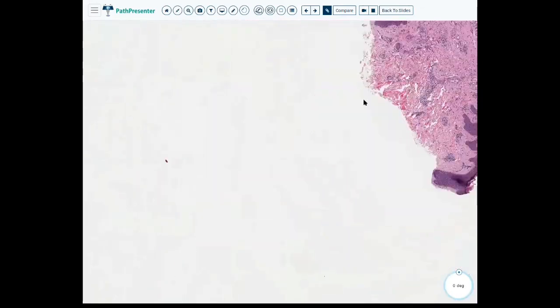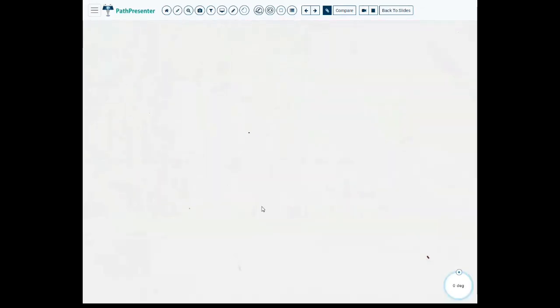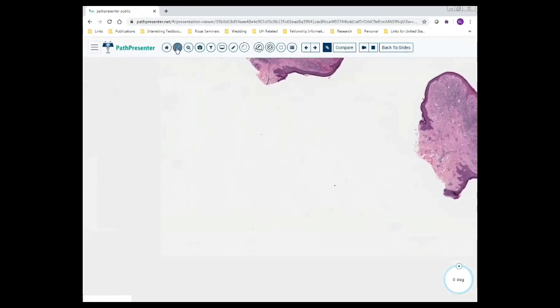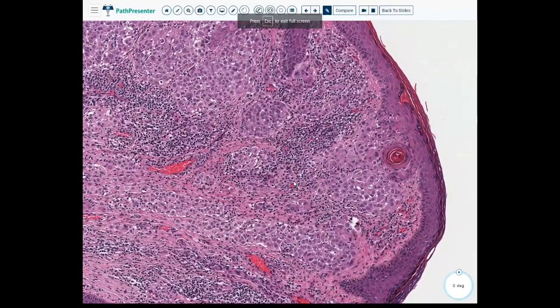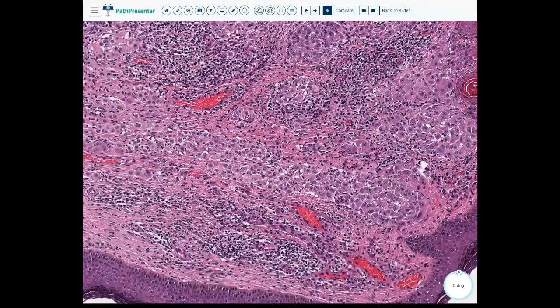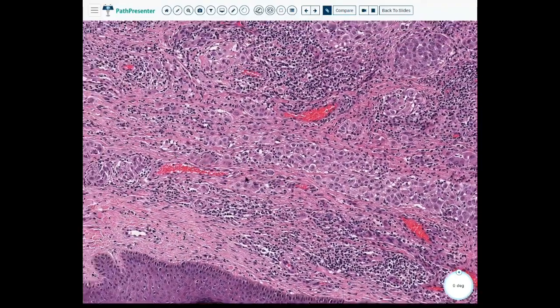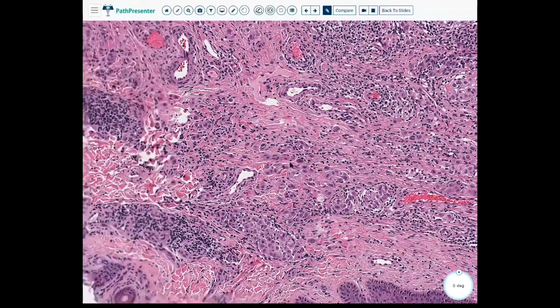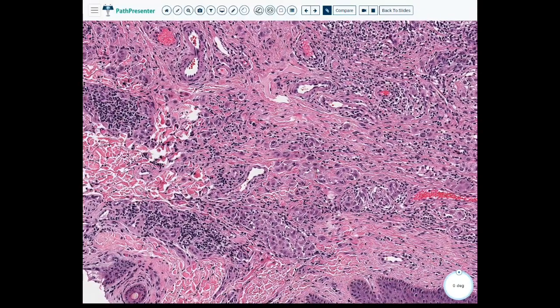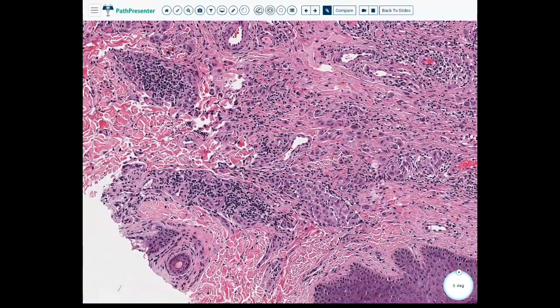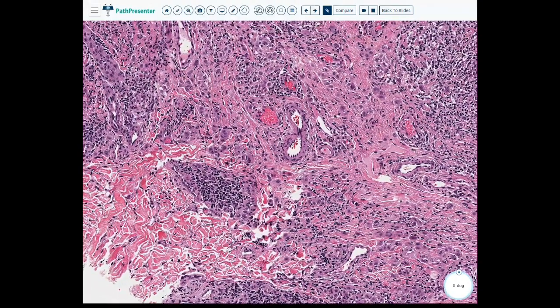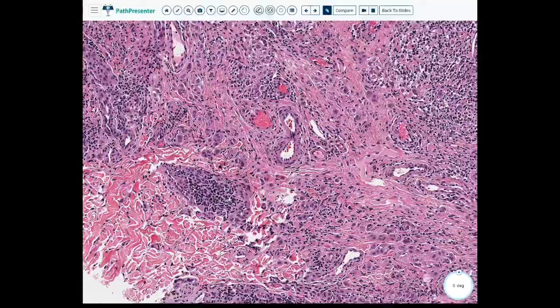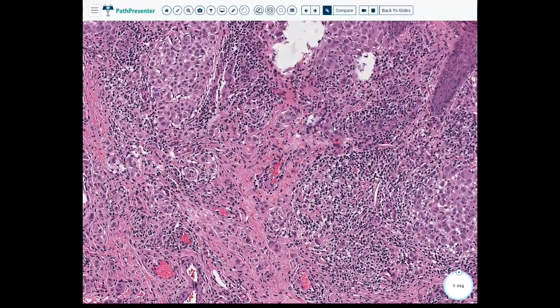We have two pieces, so let's go to the other piece, wherever it is. And we see kind of the same thing, where we have these very large epithelial or almost organoid type cells. Loss of maturity, right? There's no real sense of maturation of these cells as we head towards the dermis.